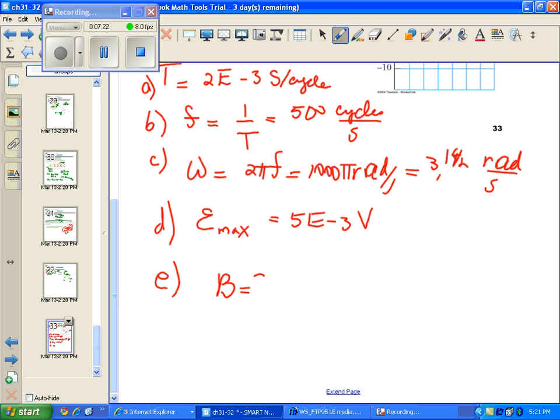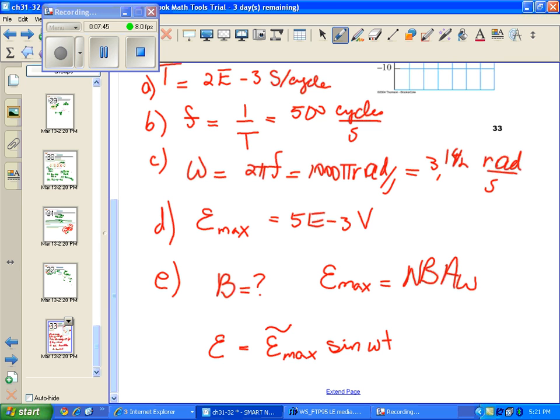And to get B, we simply note that the maximum EMF will be related to N, B, A, omega, because remember that the EMF as a function of time is E max times the sine of omega t, where E max is given by NBA omega.